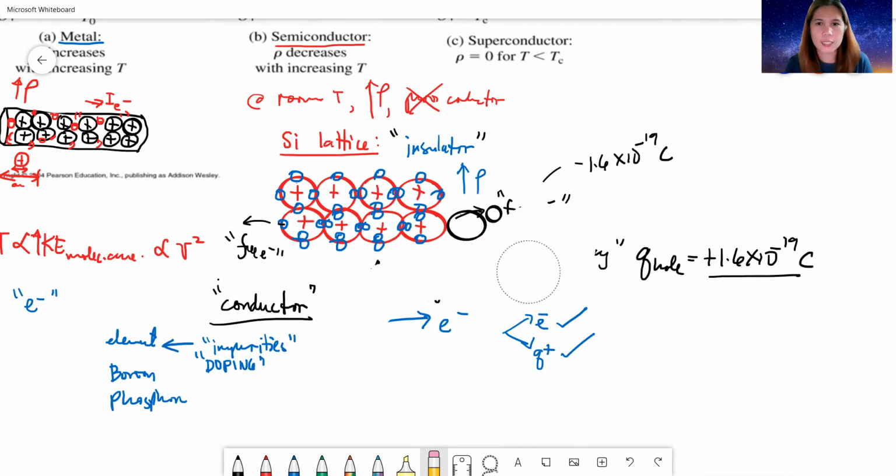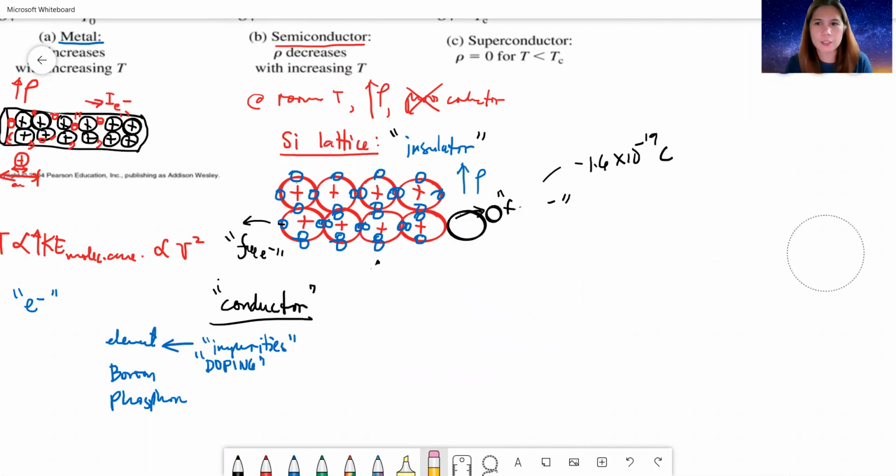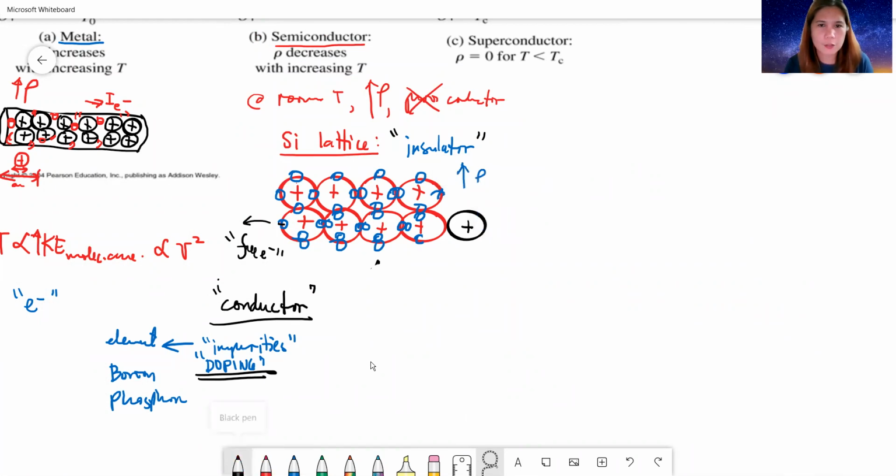Okay. So boron has valence number positive 3. So if we put boron into the silicon lattice with the process we call doping, so if you have there your 4 for the silicon, and then meron siyang 3 dito.